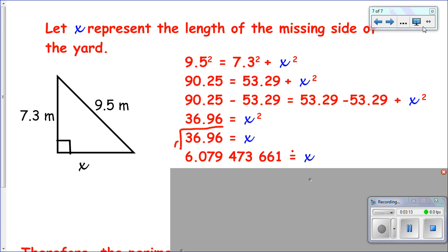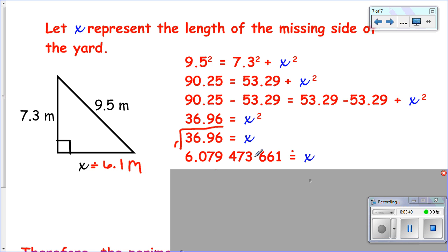And that tells me that x, when I get my handy-dandy calculator out, is 6.07079473661. And it's going to keep going on, so I have to put the dot above my equal sign. Now, I know that this side is about 6.1 meters.